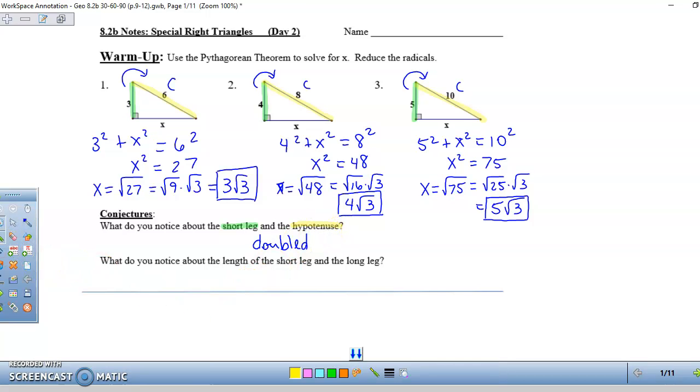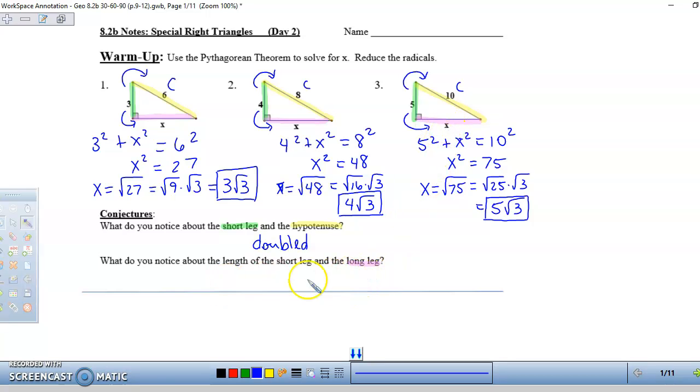Okay, last thing you have is the long leg. So the long leg is obviously the last guy here. And there's a relationship between the short leg and the long leg as well. So if you're looking at the short leg to the long leg, this is 3, now this is 3 root 3. This is 4, this is 4 root 3. This is 5, this is 5 root 3.